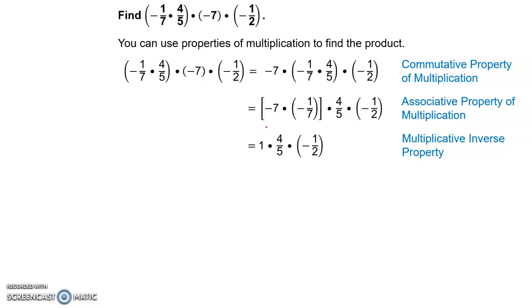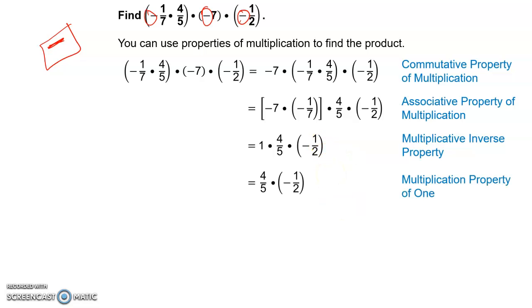Now, by the way, there's 1, 2, 3 negatives, so I know my answer is going to be a negative. All right, so now we've got 1 times 4/5 times negative 1/2. So 1 times 4/5 is just 4/5. Then we multiply this. I would take out a 2. See how you could take a 2 out of each of those?